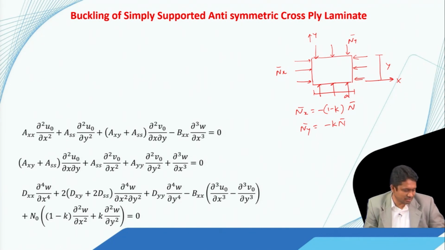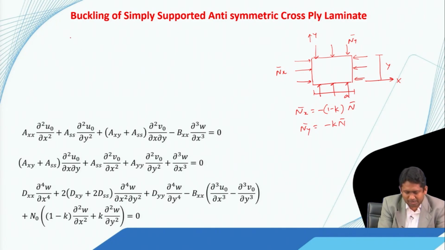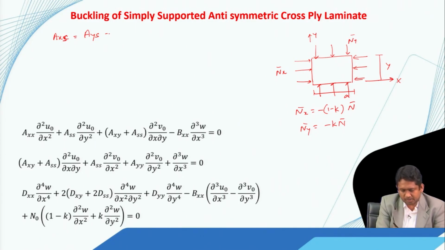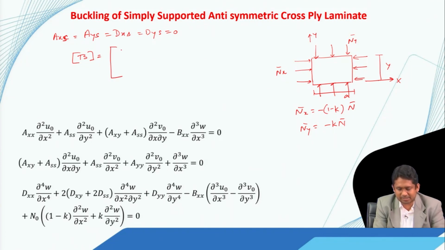Now because this is antisymmetric cross ply laminate, in this case we have AXS equal to AYS equal to DXS equal to DYS equal to 0, and also for the B matrix we have BXX and BYY are same. So we have BXX 0 0 0 minus BXX 0 0 0 0.